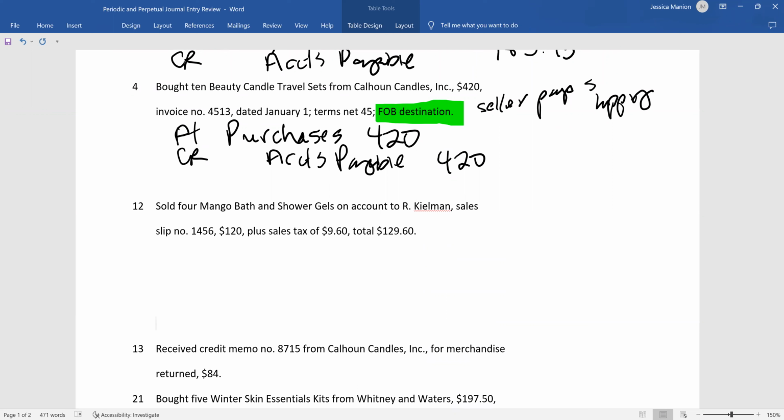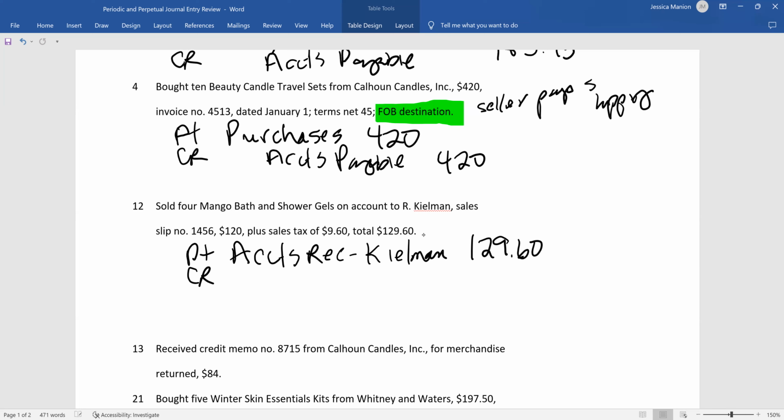This next one, January 12th, we sold 4 mango bath and shower gels on account to R. Keelman. Sales slip number 1456 for $120, plus sales tax of $9.60. So the total is $129.60. Okay, so on account, so we're going to debit accounts receivable for this Keelman for $129.60.